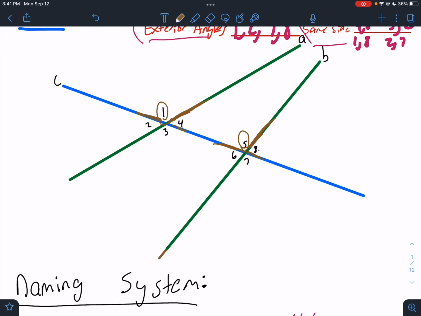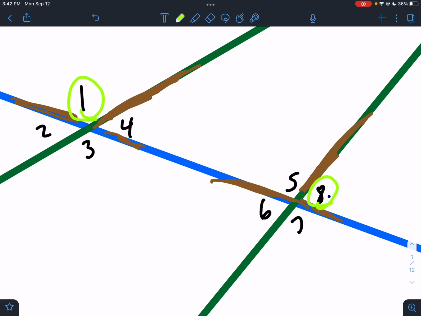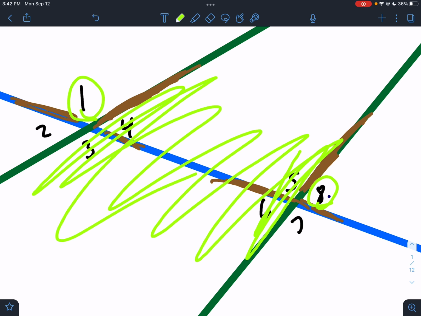There's only one other combination, and this last combination does not have a name, but just so you're aware, if I picked angle 1, let's go over the list real quick. 1 and 5, what are they? 1 in, 1 out, same side, corresponding. 1 and 8, what are they? Both of them outside, right? This is the inside. 1 and 8 are both on the outside.